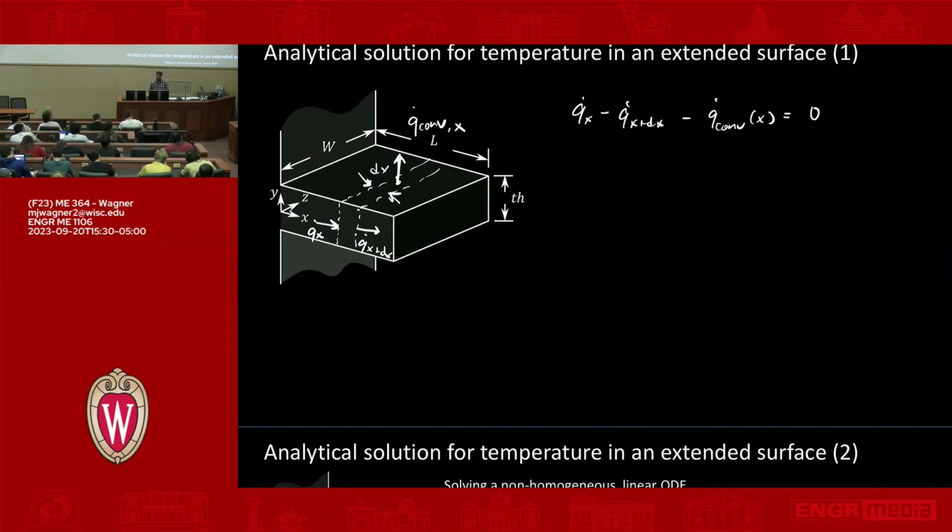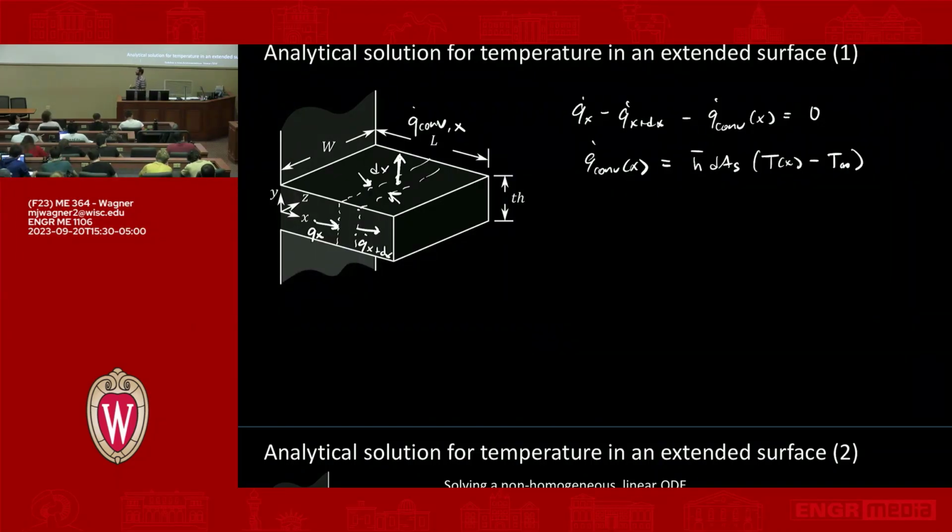So now let's introduce rate equations here. First of all, let's say q dot convection, which is a function of x, is equal to h bar times, let's call this dA_s, times T at x minus T infinity, the surroundings temperature.